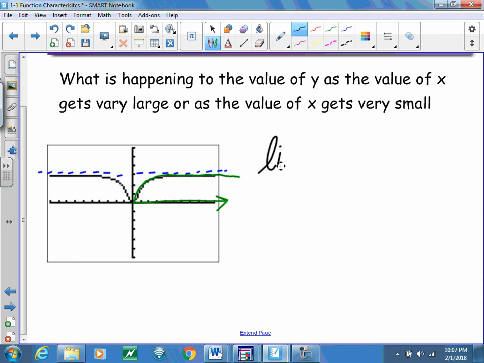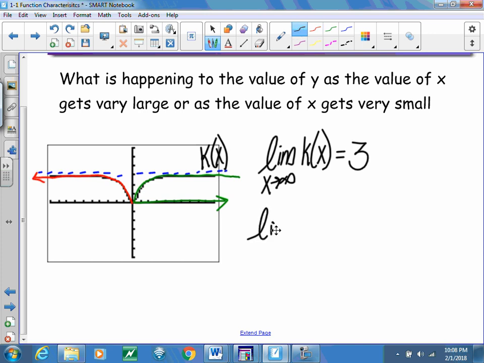And so here for our limit, we'll name this function k of x. The limit of k of x as x approaches infinity is going to equal positive 3, because that's where it's going to go. On the other side of things, as x gets real small and goes towards negative infinity, notice that it also goes towards positive 3.